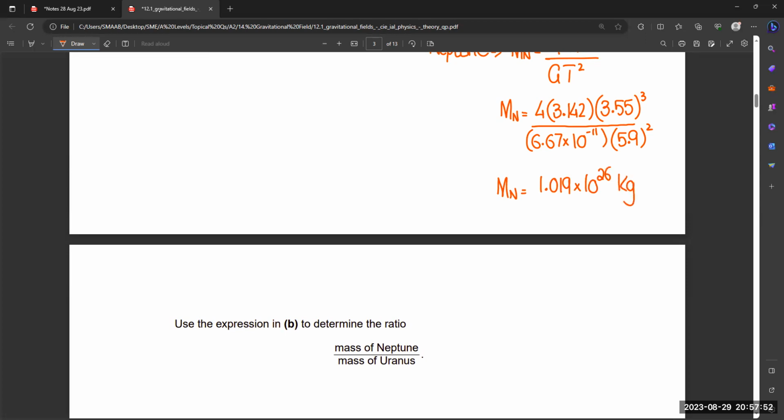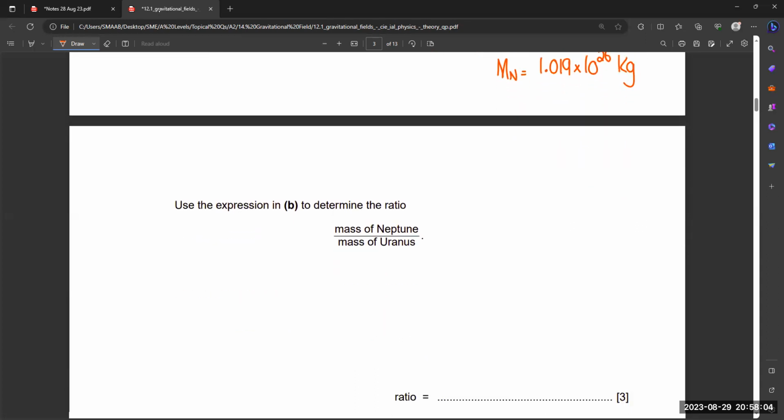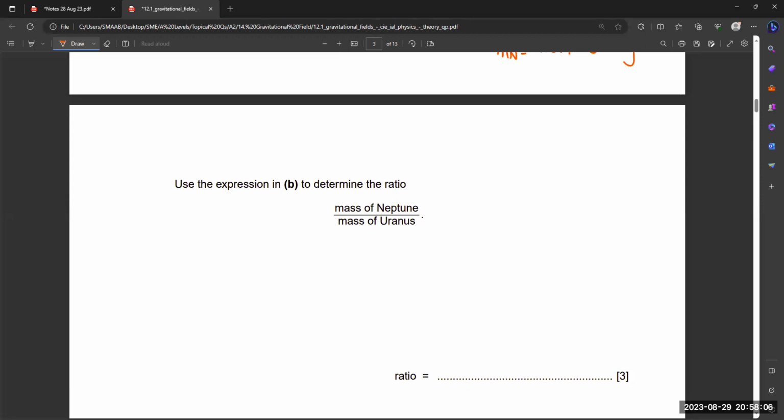So this is the mass of Neptune, and your value for Uranus will be something else, and then you need to divide your values, and finally you will get the answer. I am just writing the answer because I will share the marking scheme with you, so you can simply compare the answer with the original one, right?